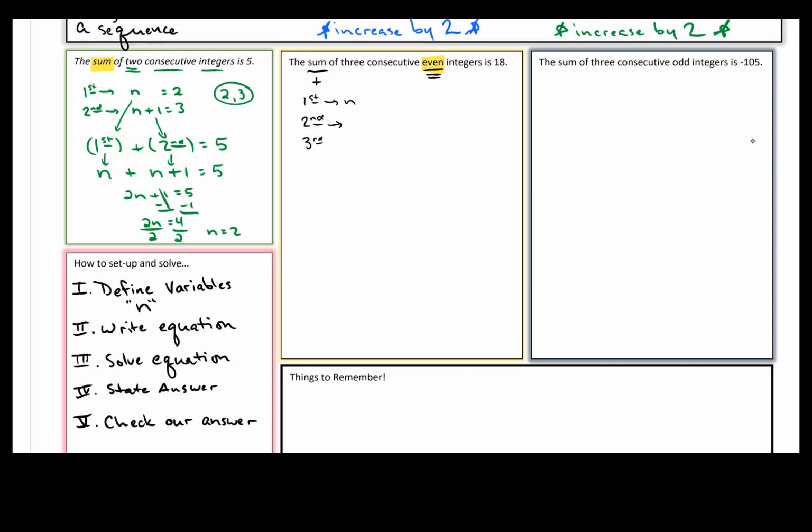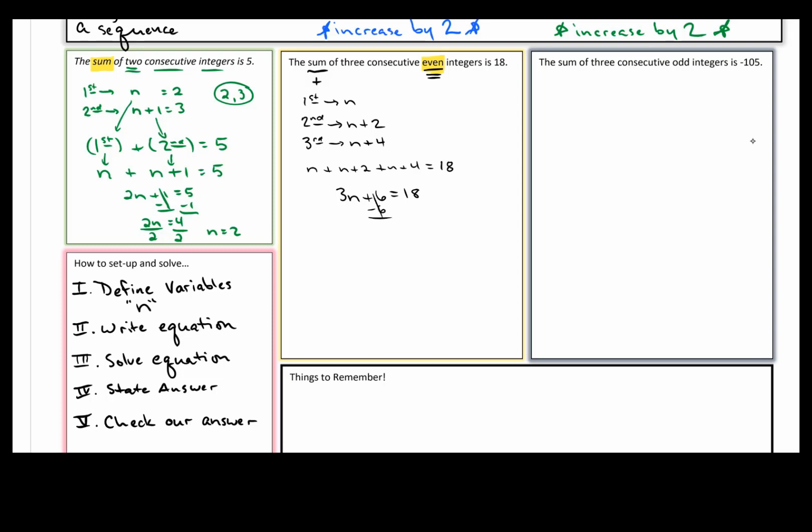Remember, these increase by 2, so this is like saying n plus 2, and then n plus 4. So now when I add all these together, I'll have n plus n plus 2 plus n plus 4, and that equals 18. So now when you add all these together, we get 3n plus 6 equals 18.